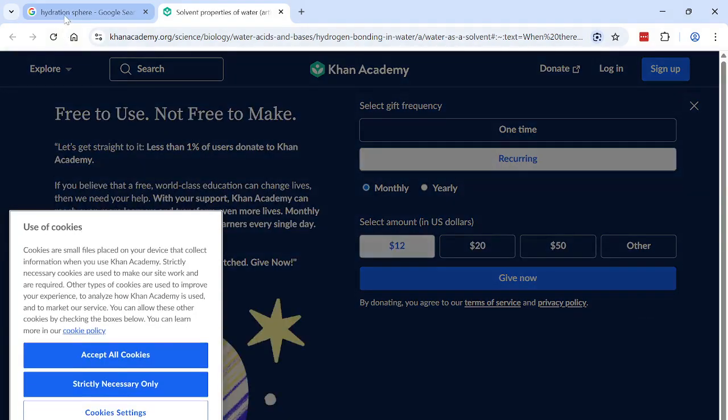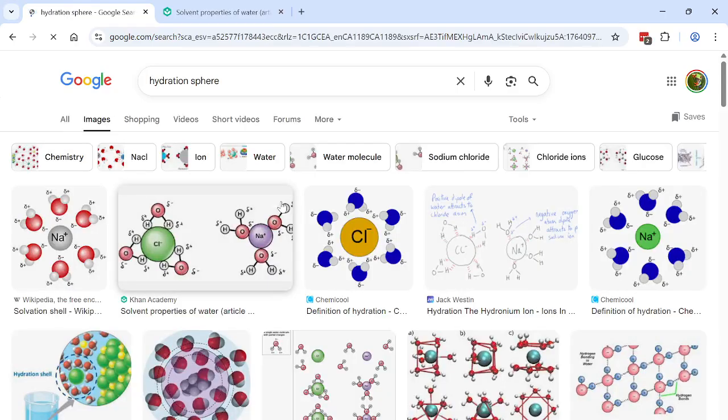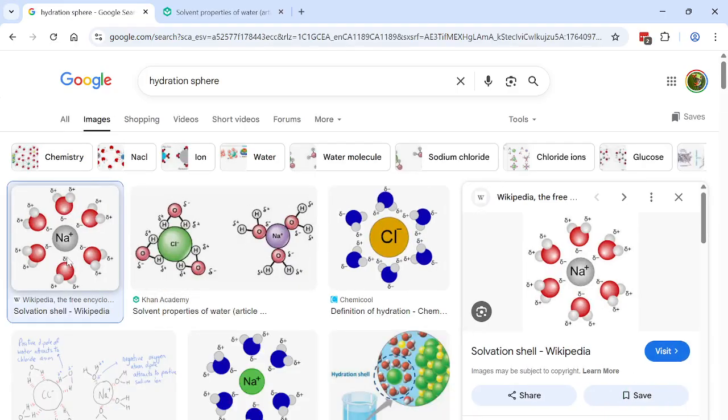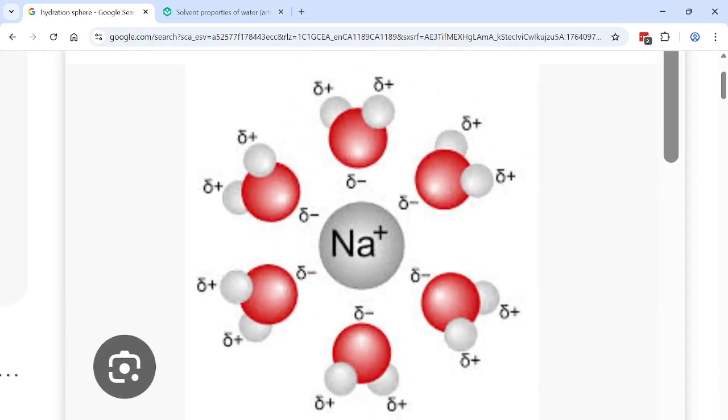I just want the picture. Let's do images. Oh, look at that. Yes? So in water, and it would be 3-dimensional, right?